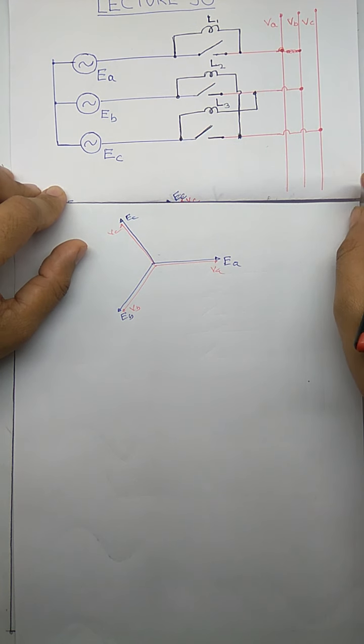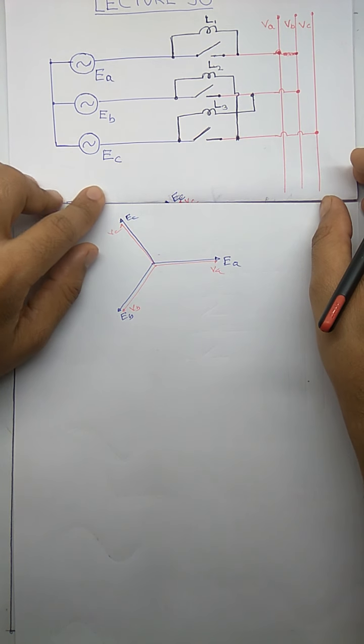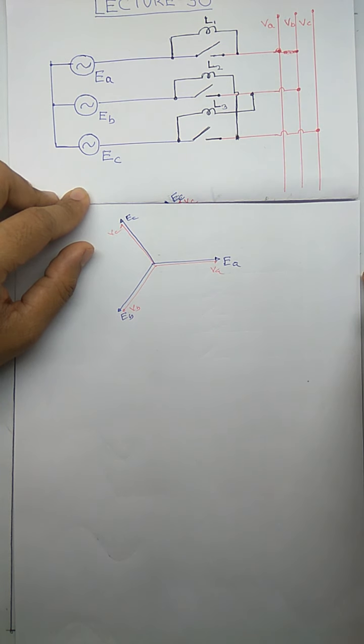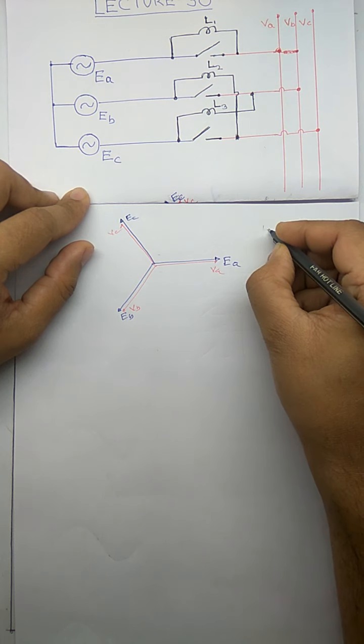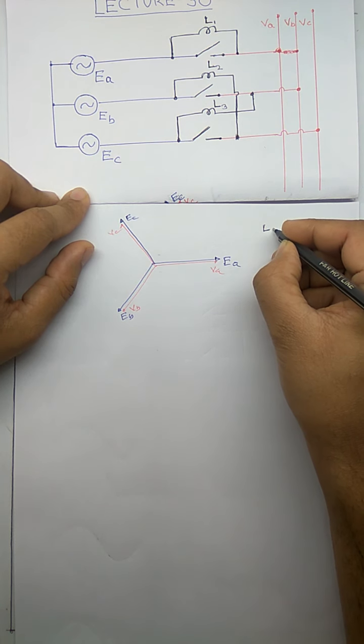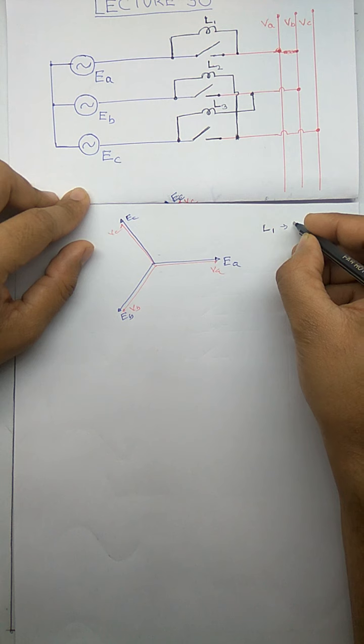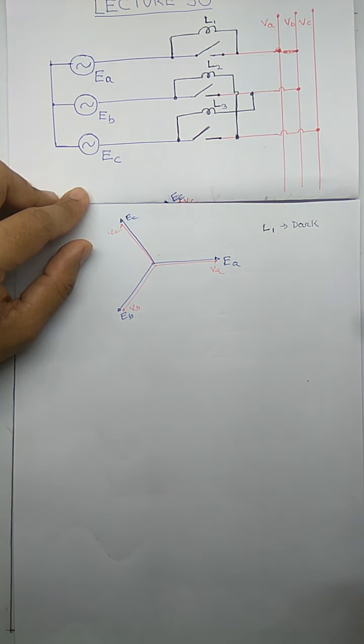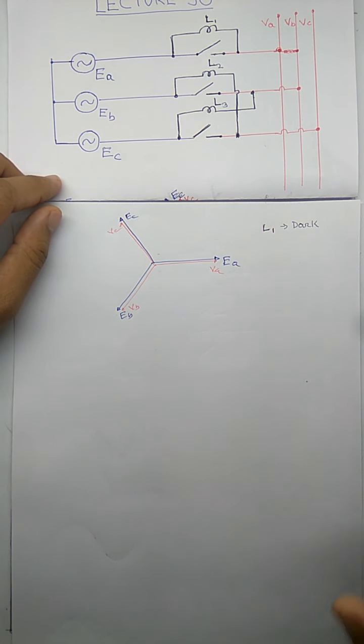Let's look at what happens to these bulbs. When EA and VA are in phase, then lamp L1 will be dark. What do you mean by dark? It means that it will not glow.